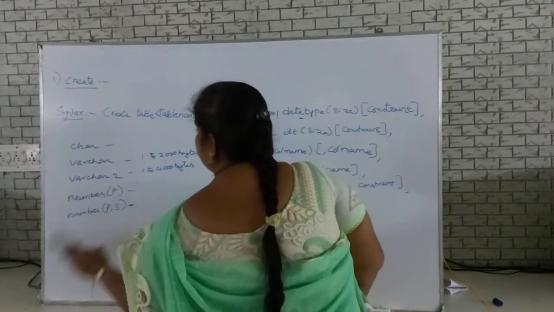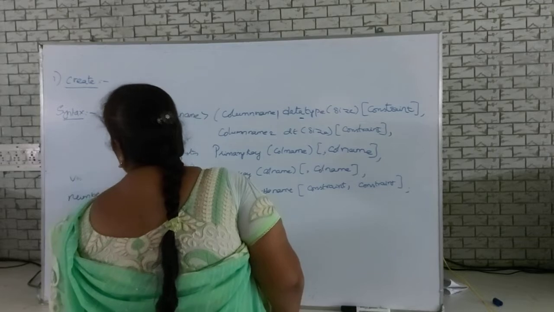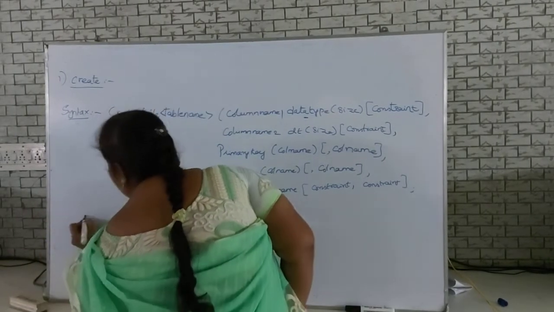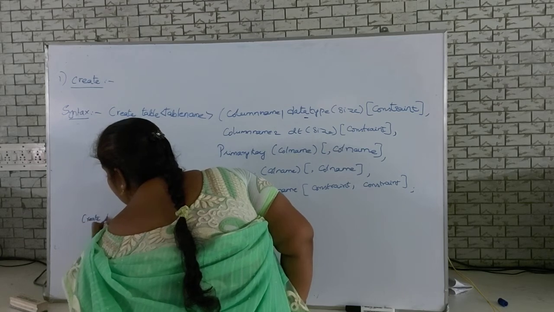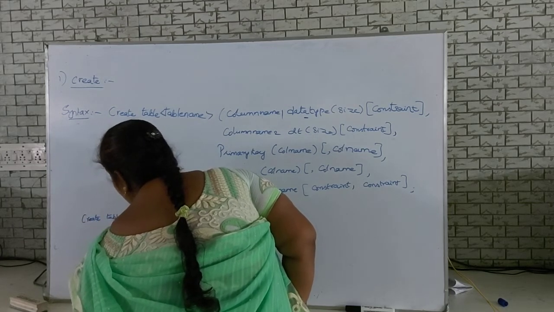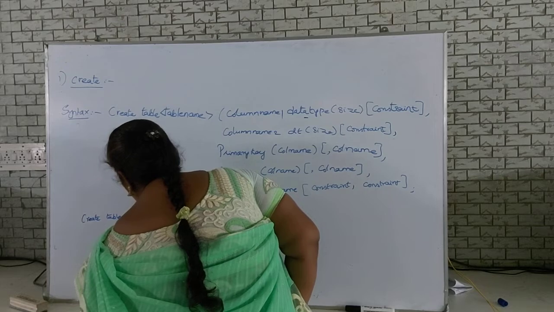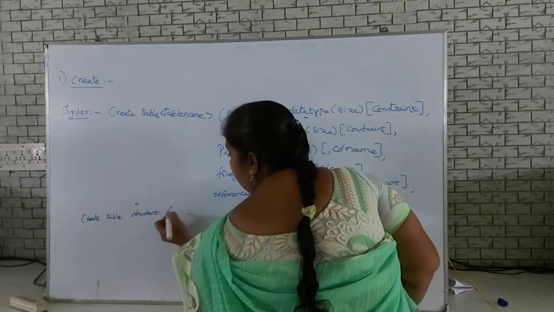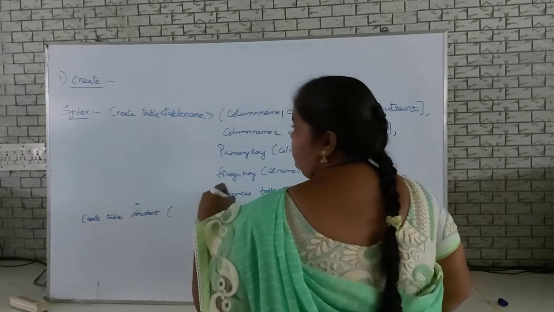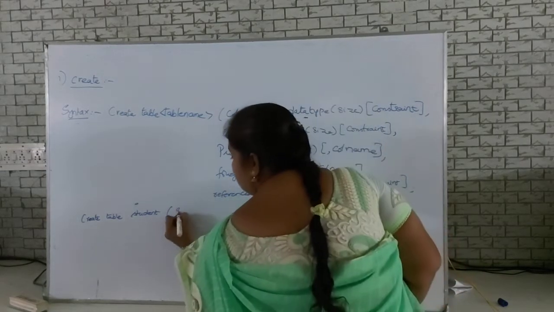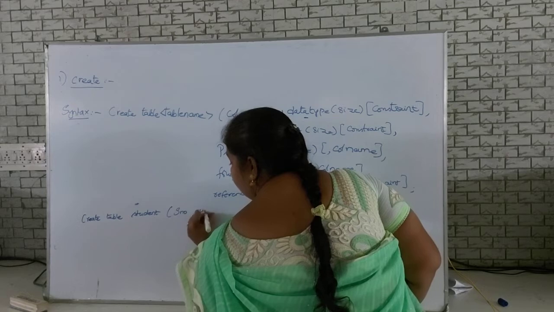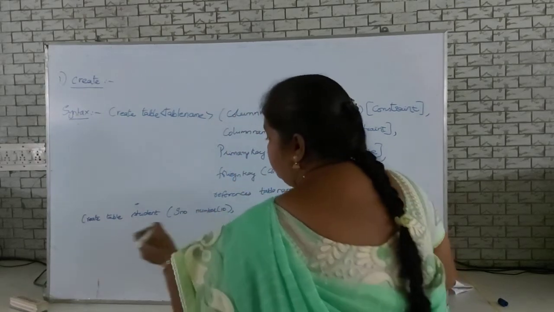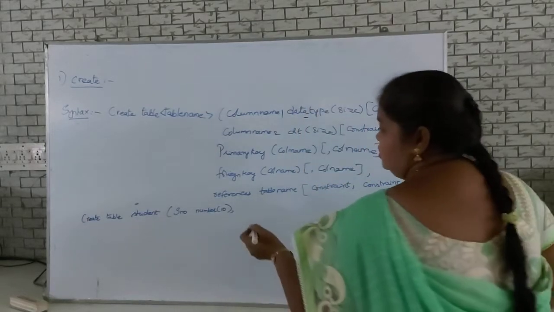Next, for example, to create a table: create table student. I am creating a student table. Column names are the fields that we are inserting into the table. Serial number of 10, so numbers of up to 10 digits can be stored.